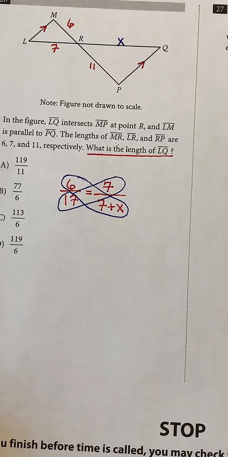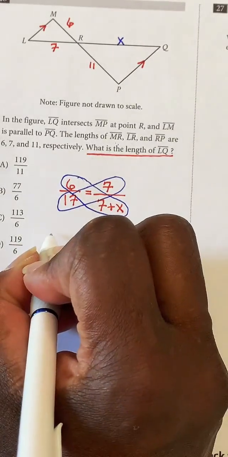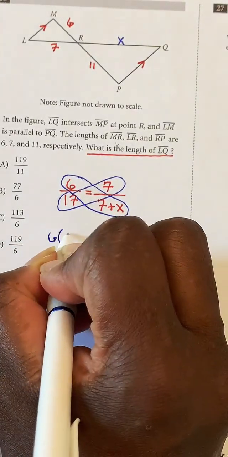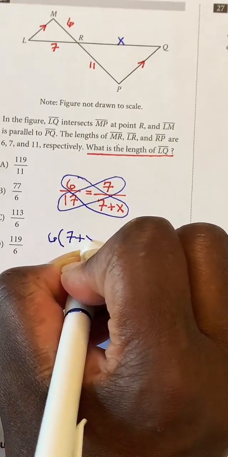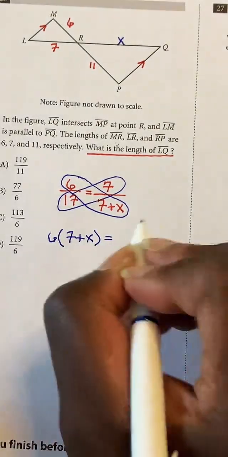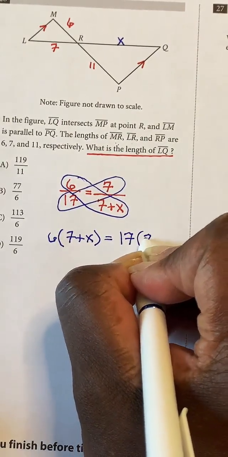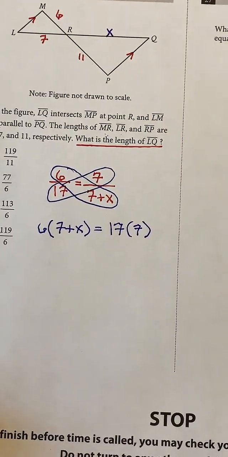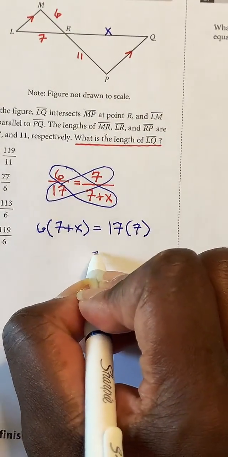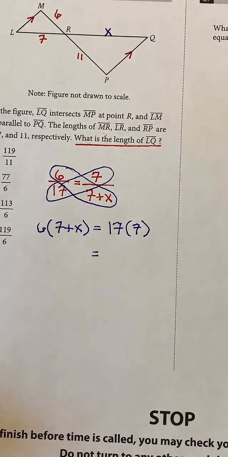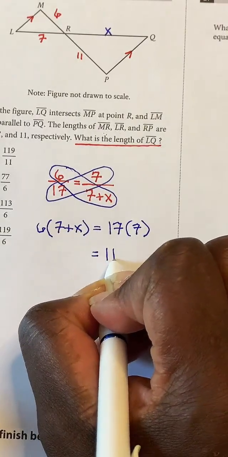So all we're going to do is set everything up. The first one is going to be 6 times (7 plus X) equals 17 times 7. 17 times 7 gives me what? Should give me like 119.